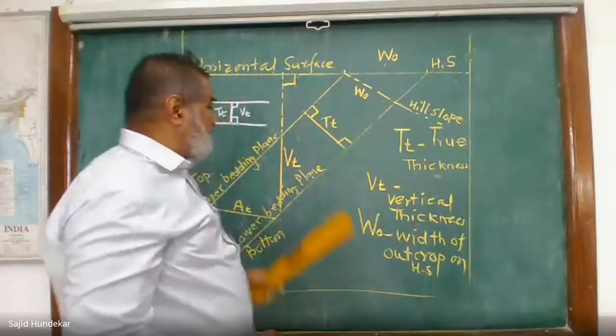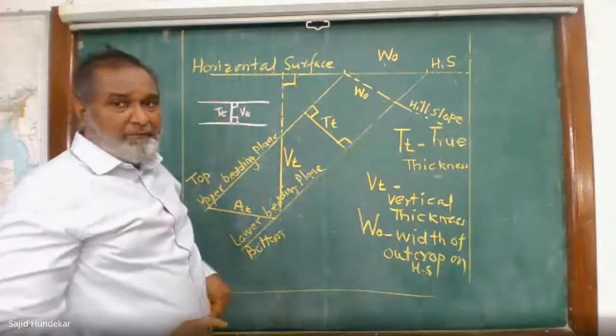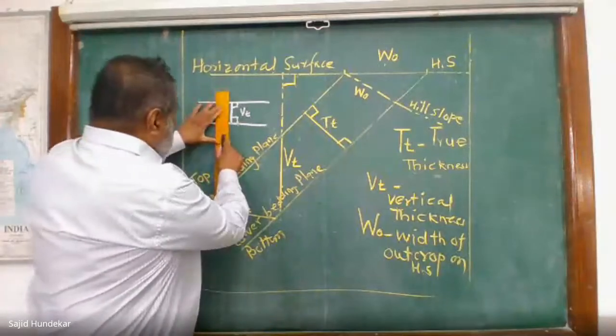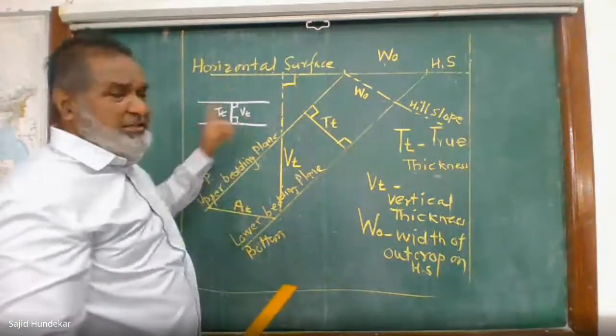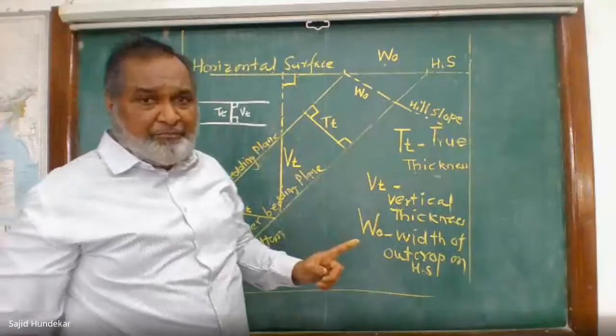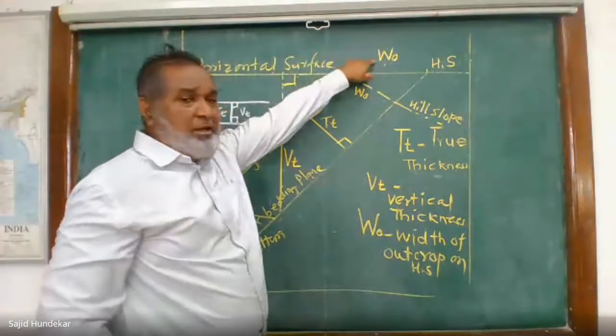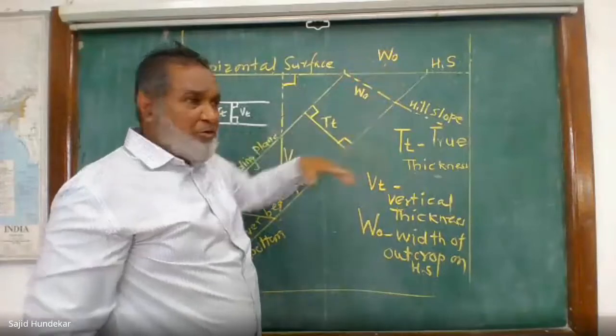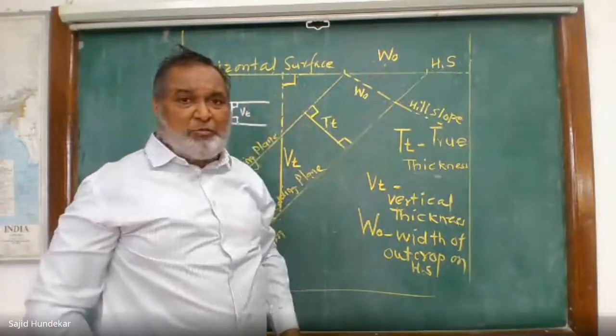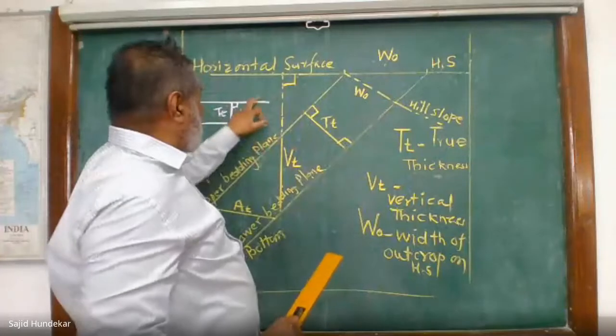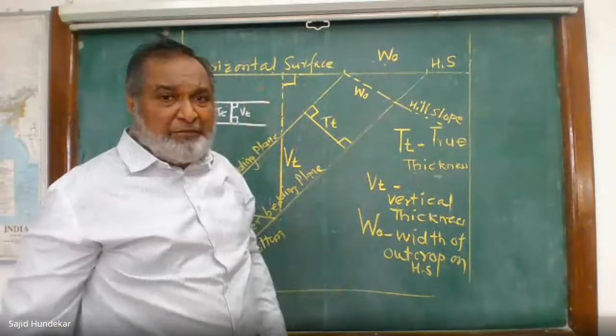Only one condition is there, when the bed is horizontal. In this condition, the true thickness and vertical thickness are equal, and we don't have any width of outcrop because the bed is horizontal. So both junctions will not be exposed on the horizontal surface.